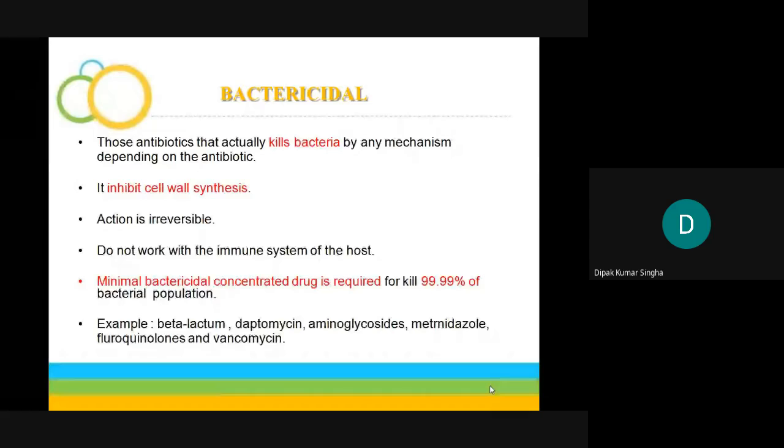The minimum inhibitory concentration, or MIC, is required to kill 99.99% of the bacterial population. For example, the beta-lactam antibiotics.